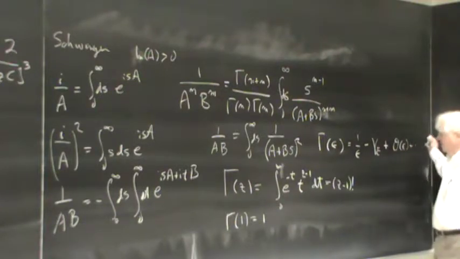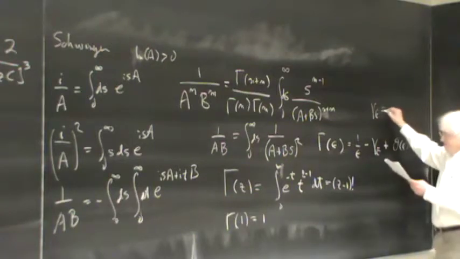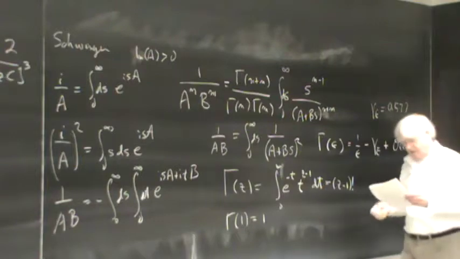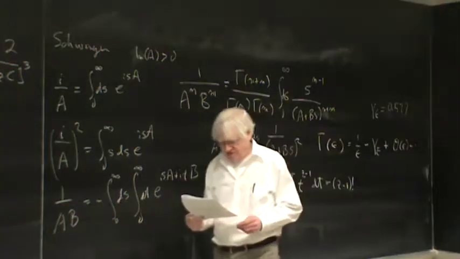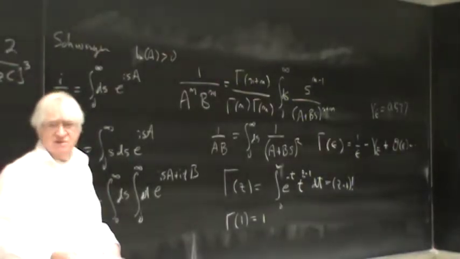So in other words, it's clearly an infinite series. This gamma sub E is about 0.577, and of course, an infinite series there. Okay, any questions?